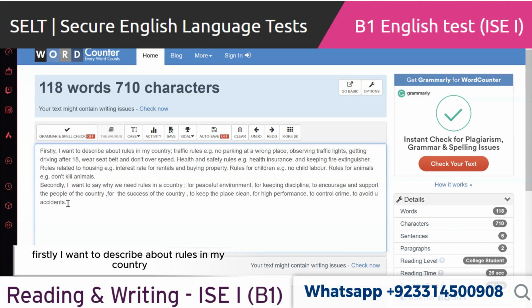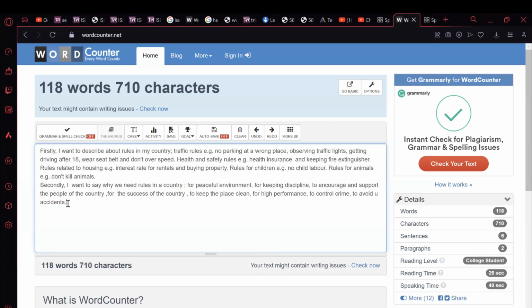Firstly, I want to describe rules in my country. Traffic rules, for example, no parking at a wrong place, observing traffic lights, getting a driving license after 18, wear a seat belt and don't overspeed. Health and safety rules, for example, health insurance and keep a fire extinguisher.